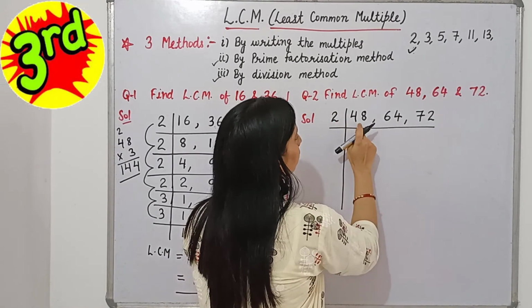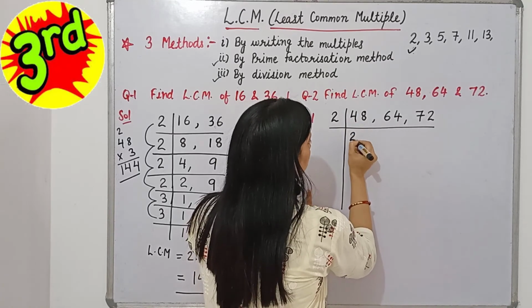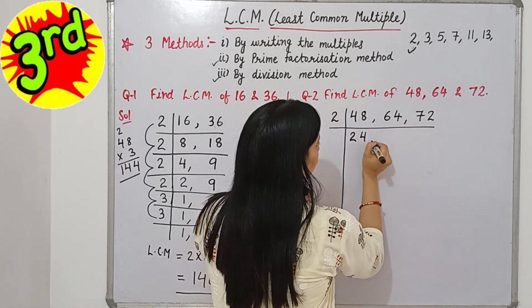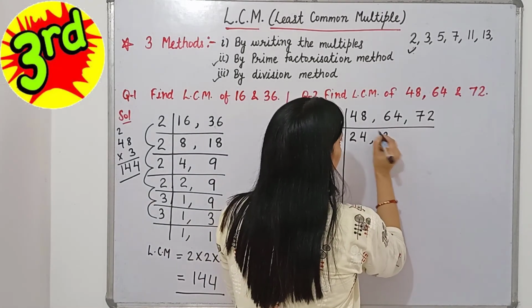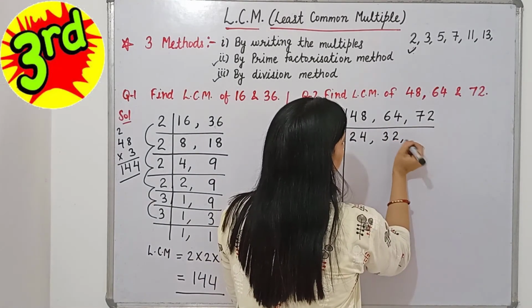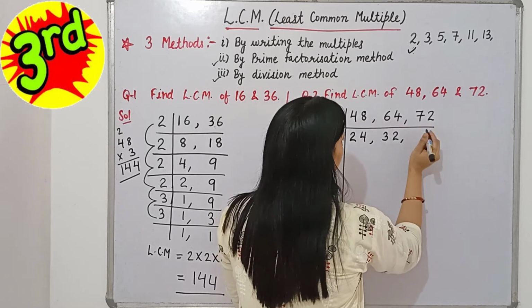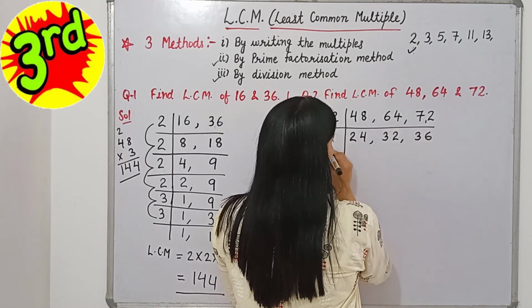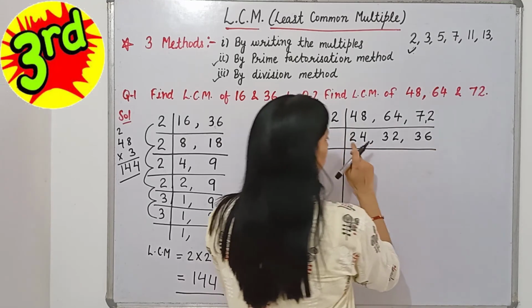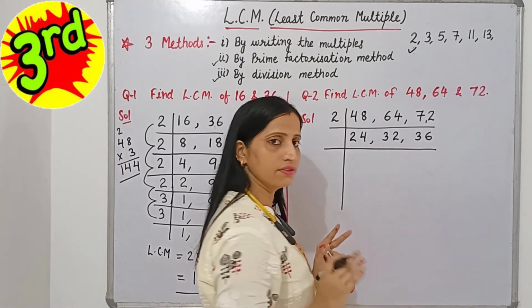When we divide 48, 2 2s are 4, 2 4s are 8. We will get 24 as quotient. Here 2 3s are 6, 2 2s are 4. We will get 32 as a quotient, and here 2 3s are 6, 1 is left, 2 6s are 12. Now again these three numbers are divisible by 2.